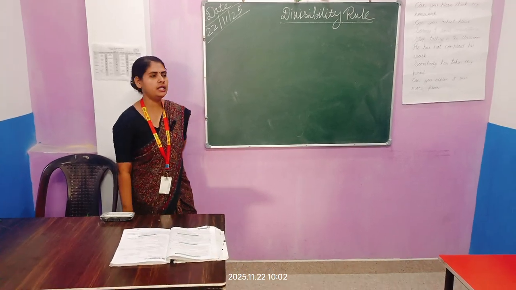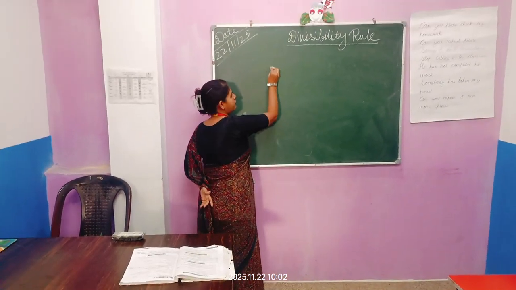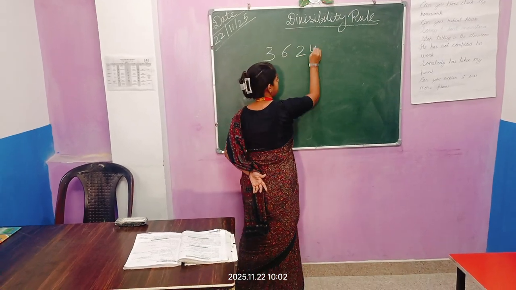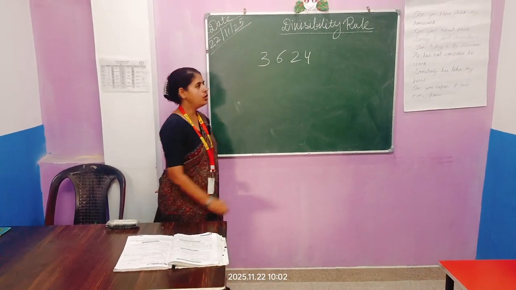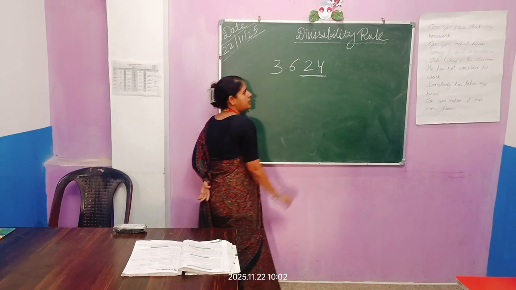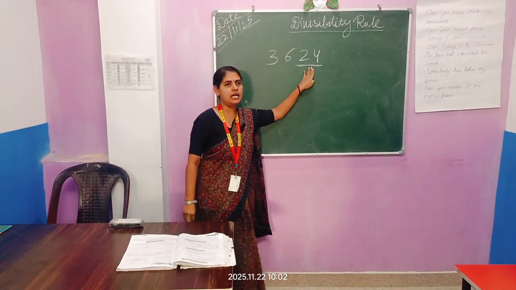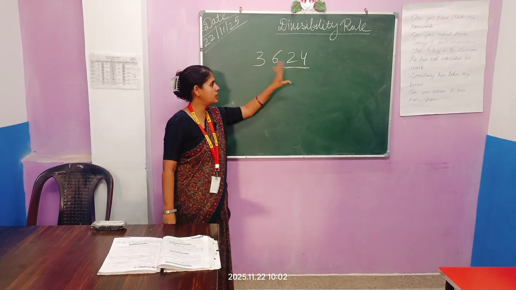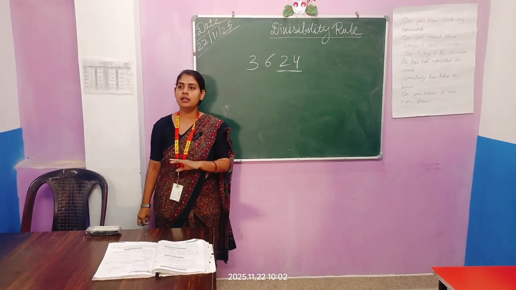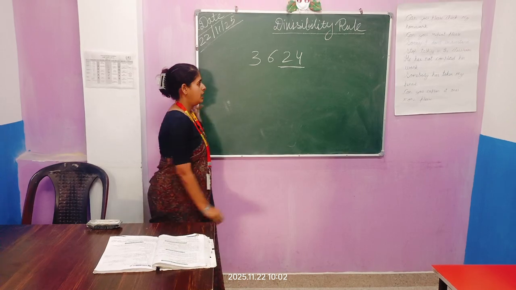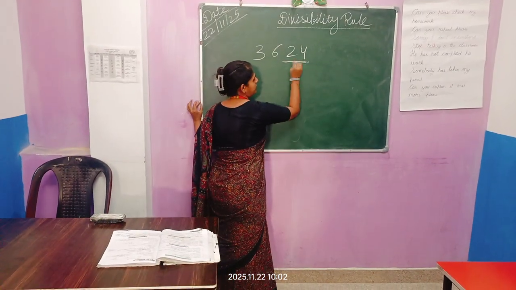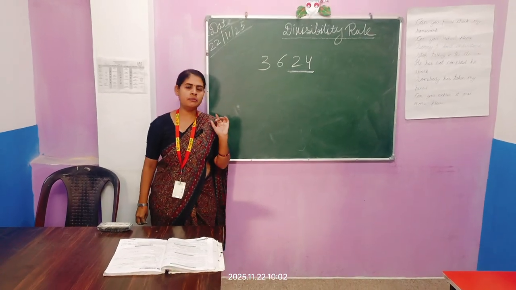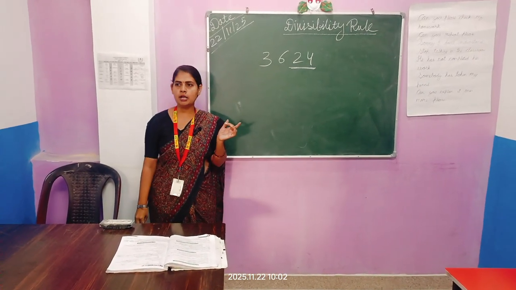The divisibility rule of 4 is that we have to look at the last 2 digits. If these two digits come in the table of 4, that means the whole number is divisible by 4. The last two digits are 24, and 24 comes in the table of 4.